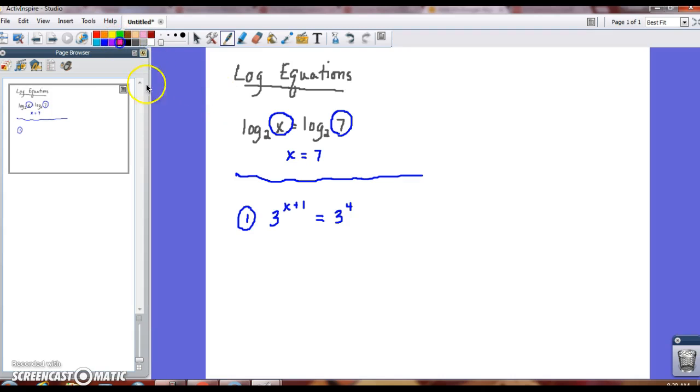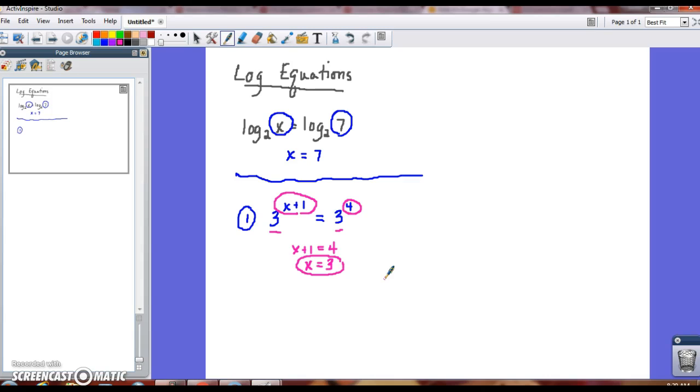We have common bases already, and we have this equal sign. That must mean that this exponent and this exponent have to be equal to each other. And so x plus 1 has to equal 4. That's very easy to solve. I subtract 1 from both sides, and I get x equals 3. So problems that might look really hard to solve are actually going to be pretty simple once you get it into the basic form.